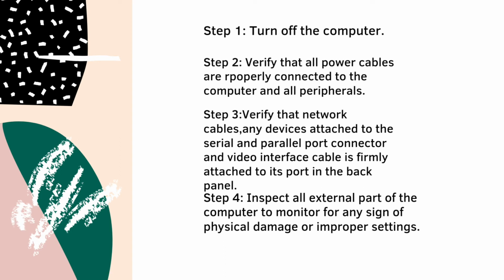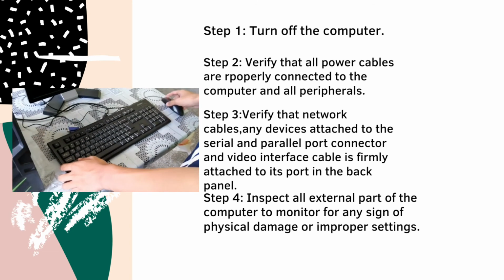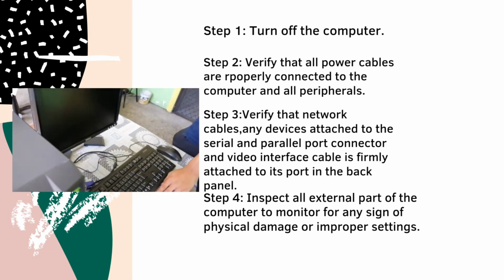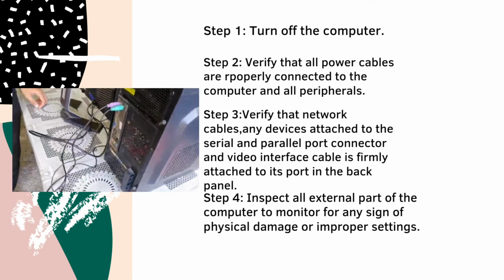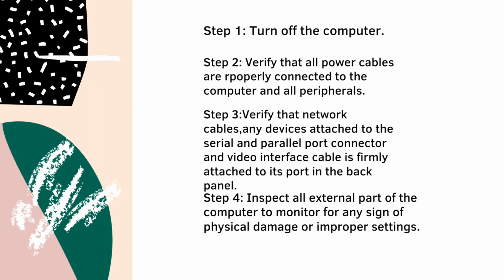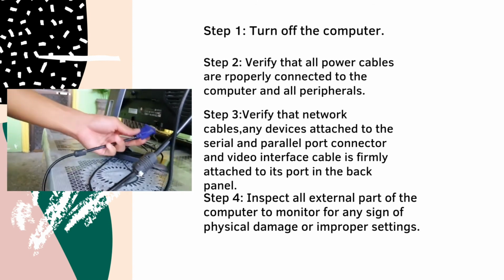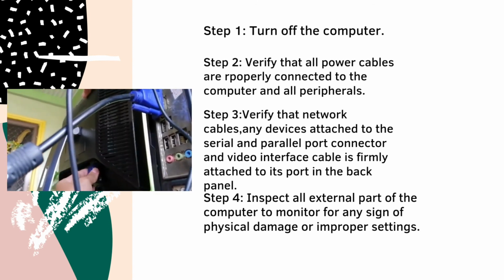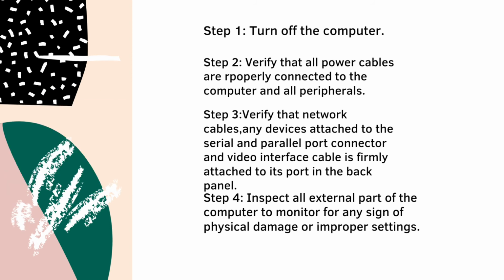Step number 1, turn off the computer. Step number 2, verify that all the power cables are properly connected to the computer and all peripherals. Step 3, verify the network cables, any devices attached to the serial and parallel port connectors, and that the video interface cable is firmly attached to its port in the back panel.